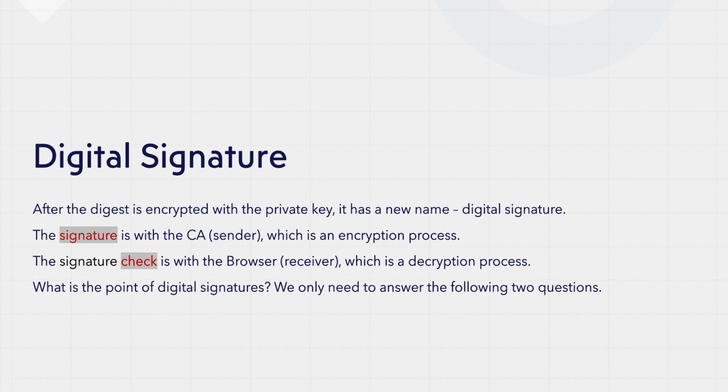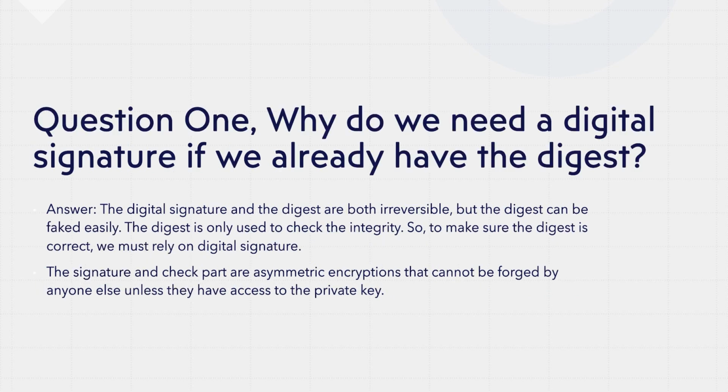What is the point of digital signatures? We need to answer the following two questions to figure that out. Question 1. Why do we need a digital signature if we already have the digest? Why do we need to encrypt the digest? Answer. The digital signature and the digest are both irreversible, but the digest can be faked easily. The digest is only used to check the integrity, so to make sure the digest is correct, we must rely on digital signature.